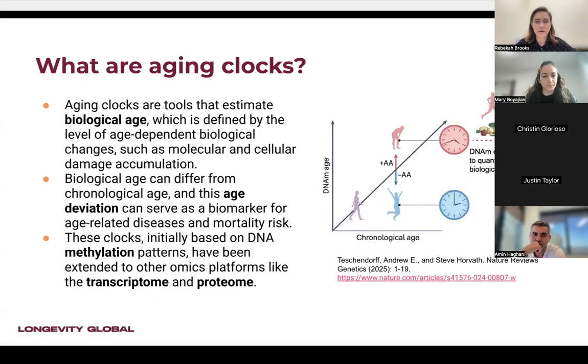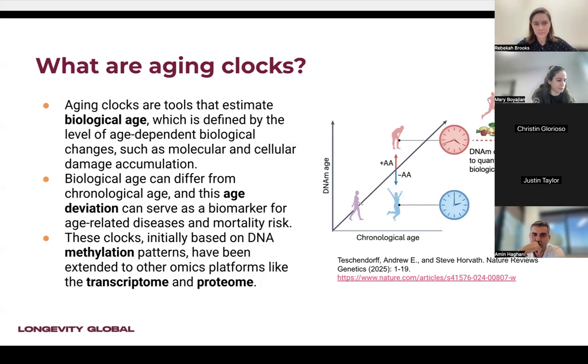The paper that we chose for this first journal club this year is about using serum, or yes, plasma proteome, to build biological clocks to think about biological age.